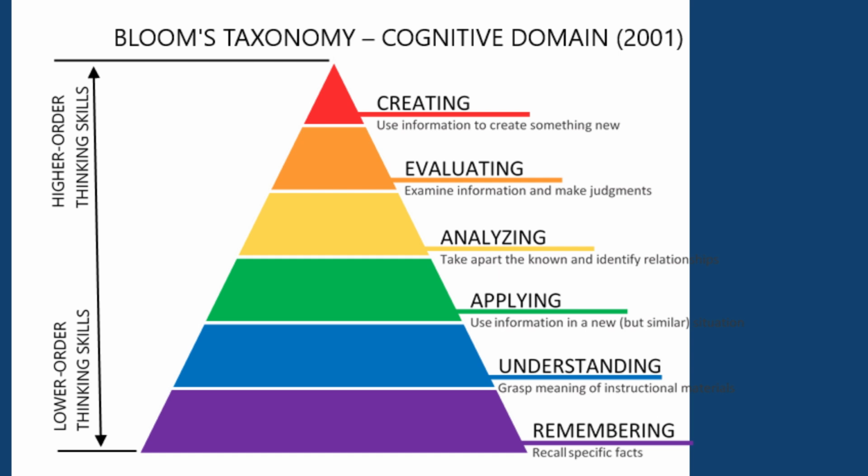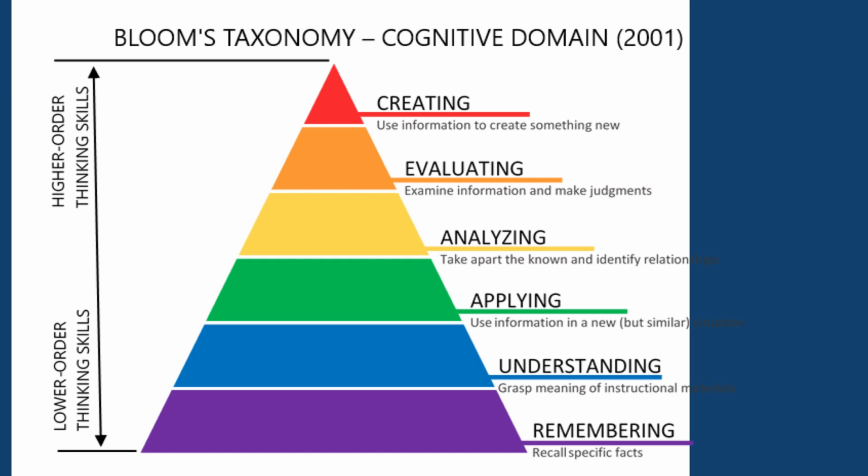And then once you can remember something, you begin to be able to understand it. From there, okay, now that I understand something, can I use the information to apply it in a similar way? And now analyzing, evaluating, and finally creating or synthesizing something new, that would be a higher order level of thinking.